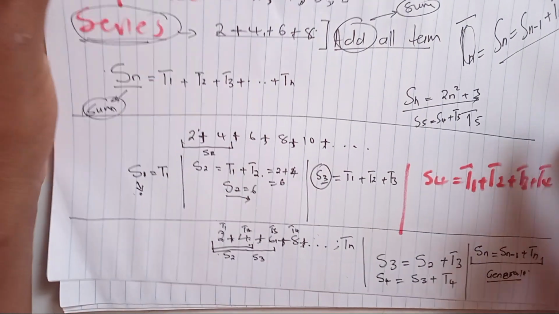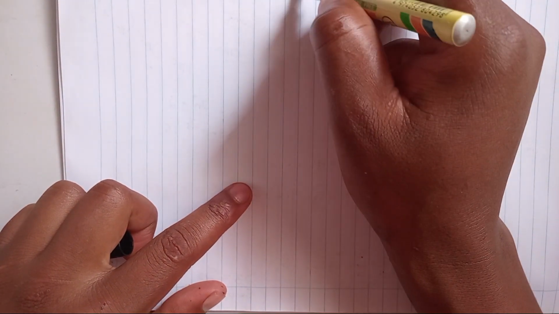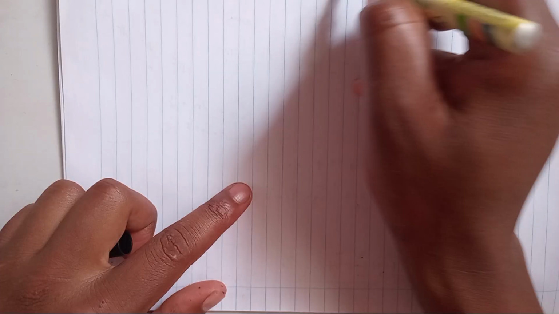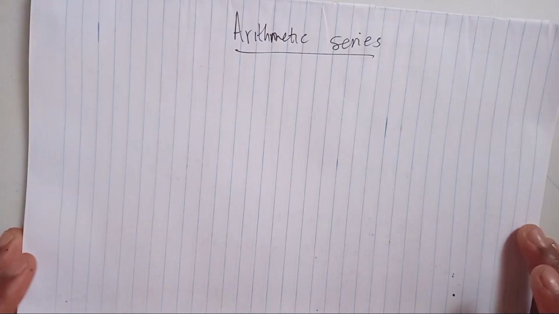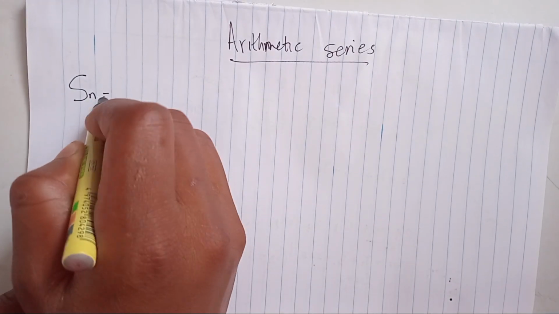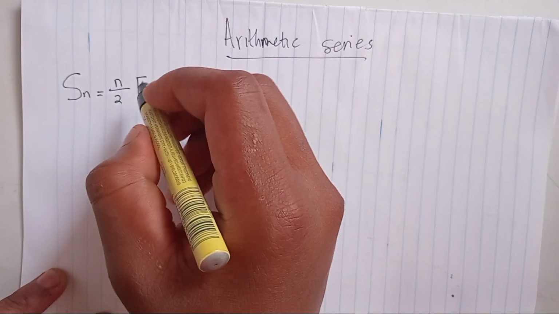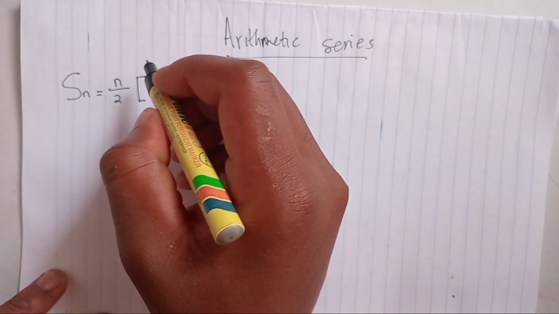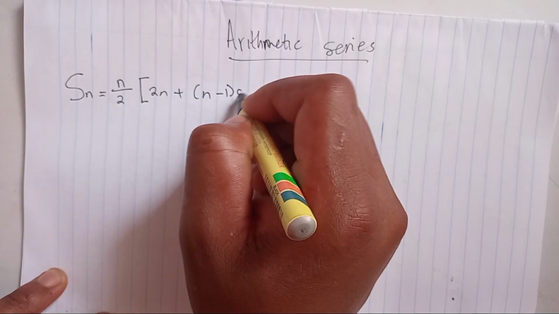So we have to understand the formula that we use for the arithmetic series. The formula that we use for arithmetic series says Sn is equivalent to n over 2 into 2a plus n minus 1 d.